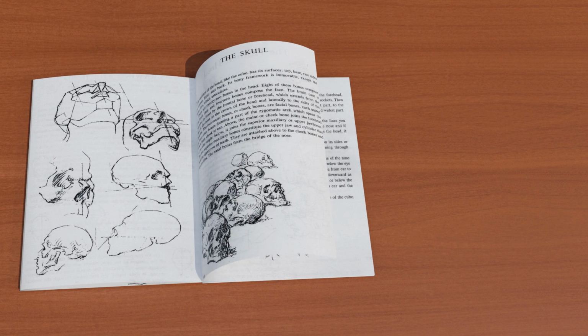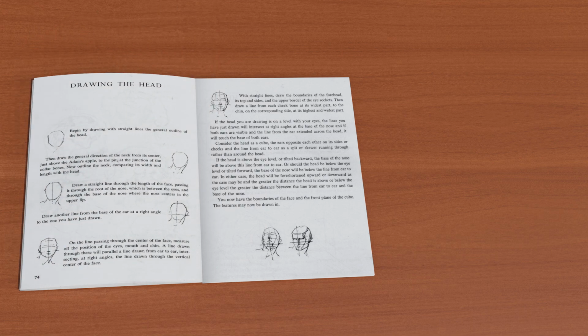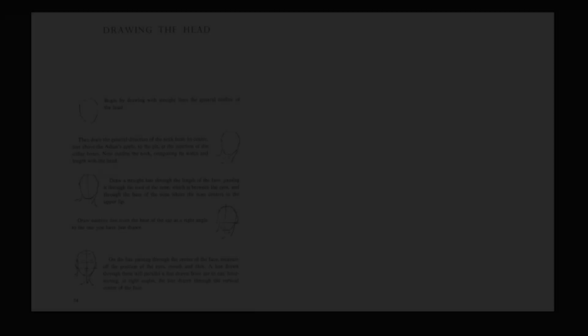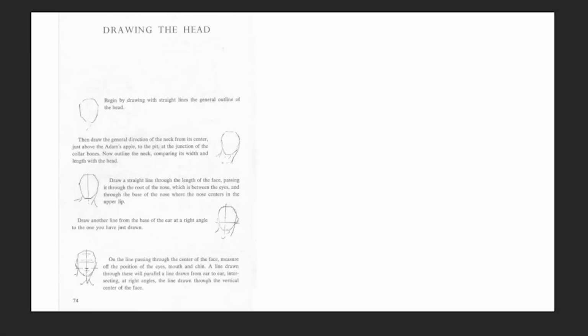Section 2 is an order of drawing the head Bridgman's way. So this is one of those chapters that reveals a part of the process, and it's not really a full chapter. Remember that in this book it's broken up into sections, and the chapters are sort of like each body section.